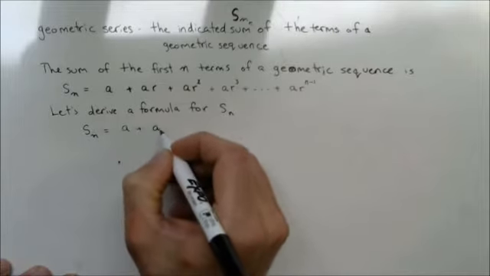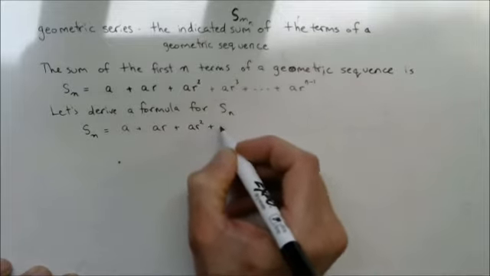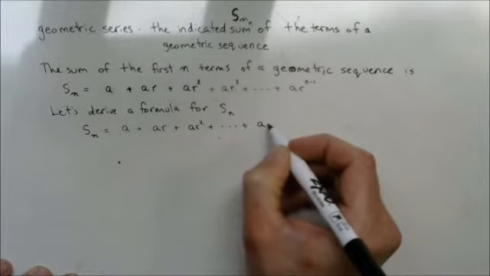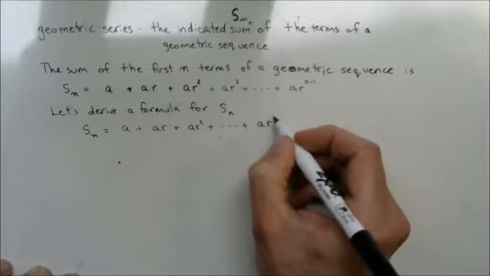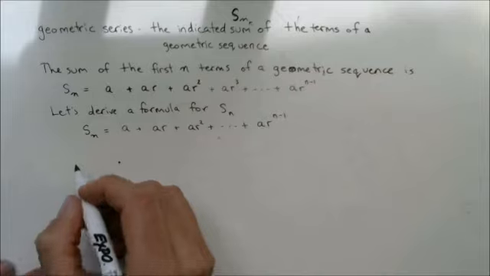We've got a plus a times r plus ar squared. Skip a bunch in the middle until you get to the end of this sequence, whatever it is. The last term is going to be a times r to the power of n minus 1.